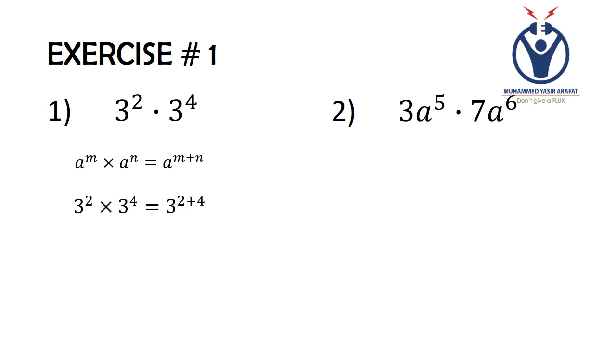You will write the question as 3 power 2 multiplied by 3 power 4 is equal to 3 power 2 plus 4. In the result, 3 is written a single time, as we discussed earlier.